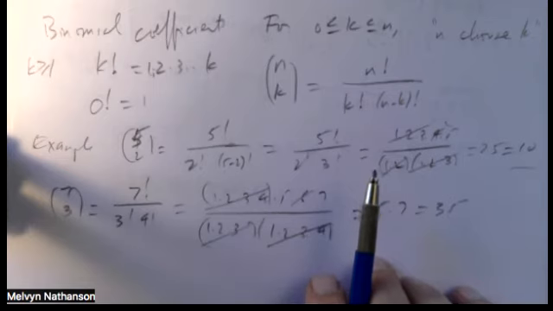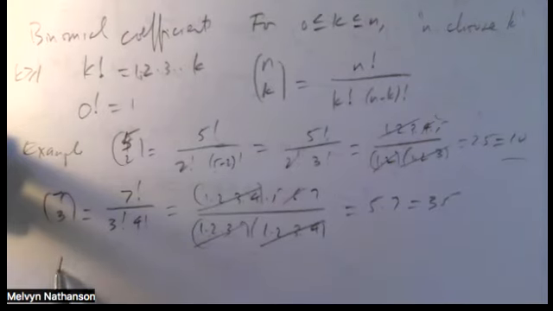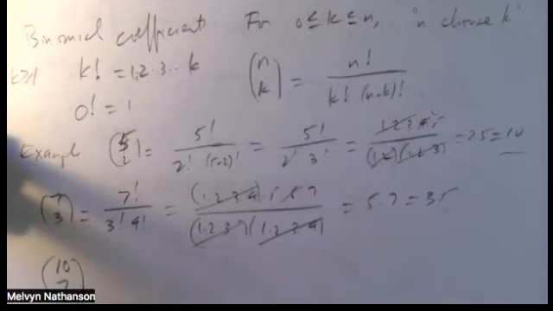And it's an interesting observation. Even though this looks like a complicated fraction, it's always true that the denominator divides into the numerator. So this is a positive whole number. So for example, just so you have some of the fun, why don't you calculate 10 choose 7?